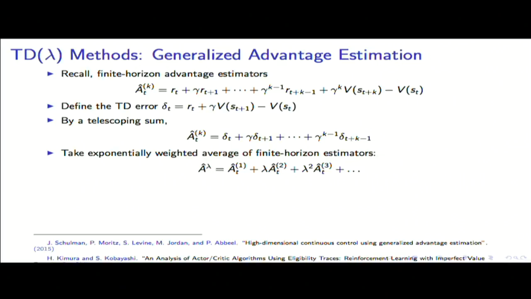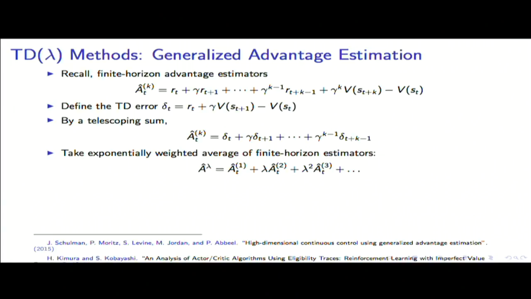Each of these advantage estimators is a reasonable estimate of the advantage function, which is unbiased when you have the correct state value function. So when V is actually the state value function, then each of these is unbiased. That means they're all reasonable to use.